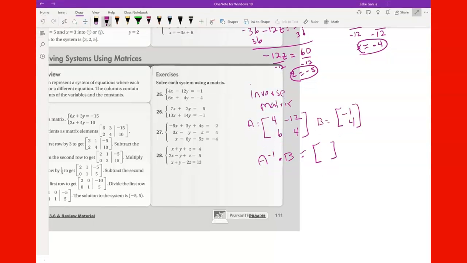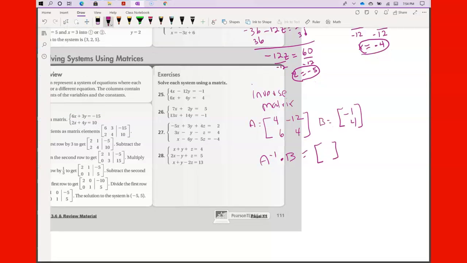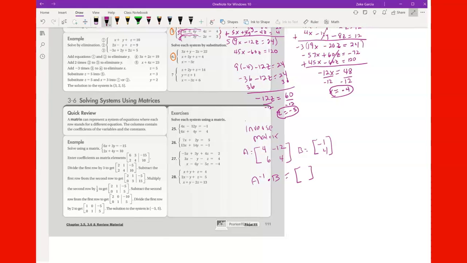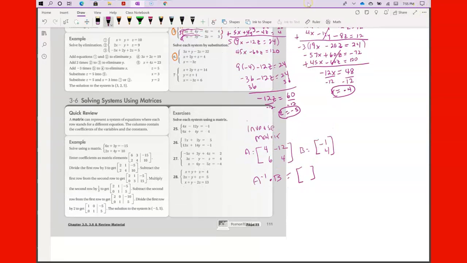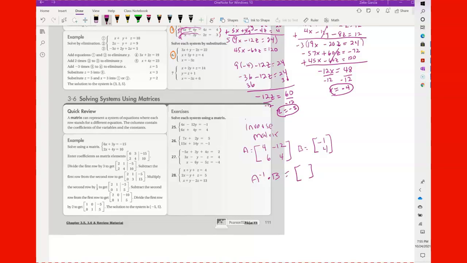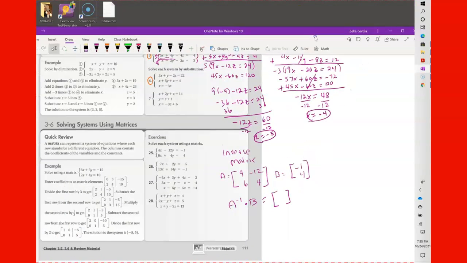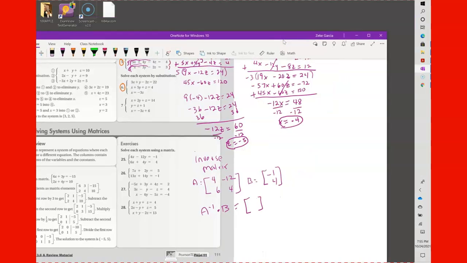So what I'm going to do is I'm going to go ahead and show you, and I'm trying to minimize this here. Okay, so trying to show you Desmos.